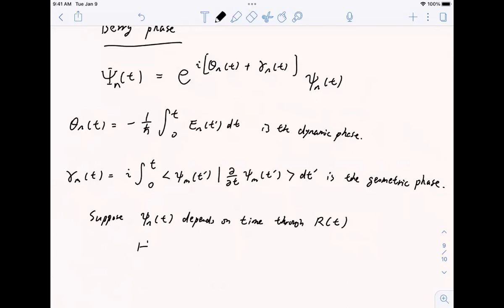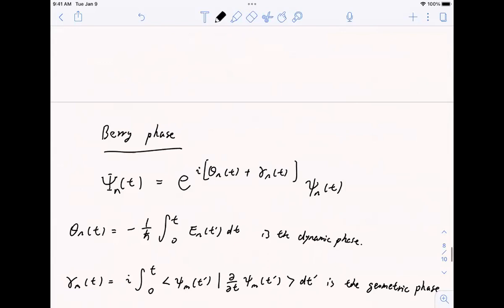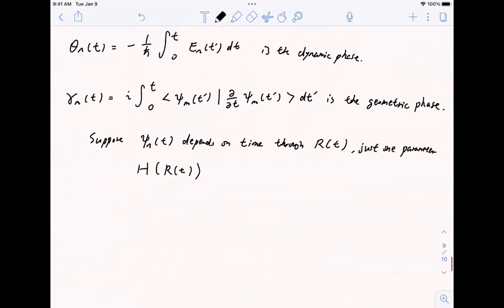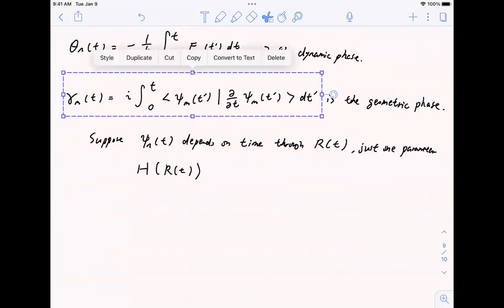So your Hamiltonian is a function of R, which is a function of t. Suppose there's only one parameter. Okay, so let's get this thing.